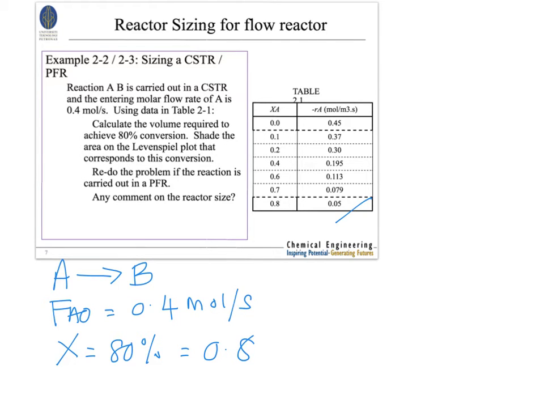So what is the first thing that you have to do? Given the FA naught, you need to calculate FA naught over minus RA at each conversion. So you will have FA naught over minus RA for X equals 0, 0.1, 0.2, up to 0.8.